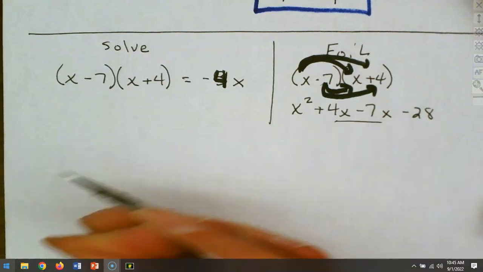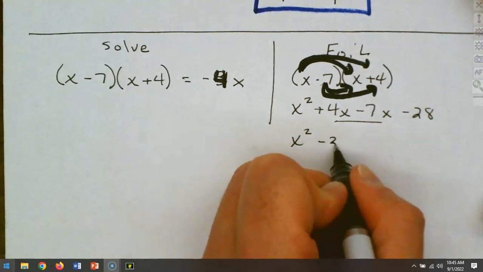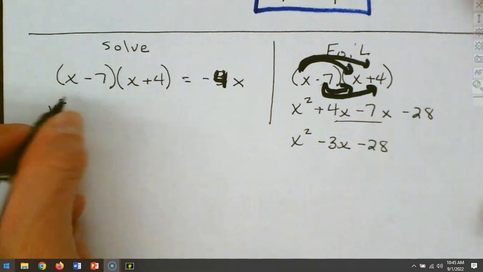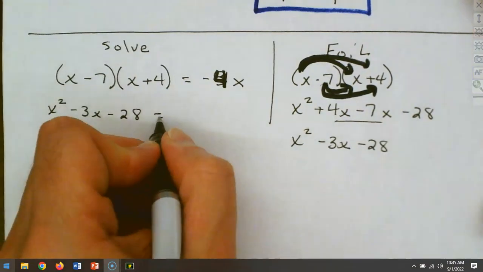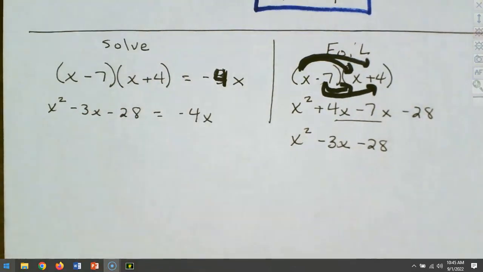So we're going to combine those together. And that is now x squared minus 3x minus 28. And that'll be a negative 4x. So make sure you make that a negative 4x. I could have left it as a negative 3x, but it would cancel, and I don't want to do that. So just make that a minus 4x there.